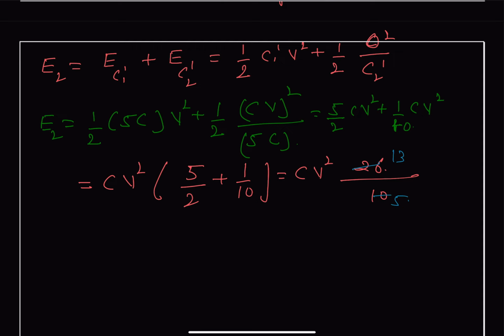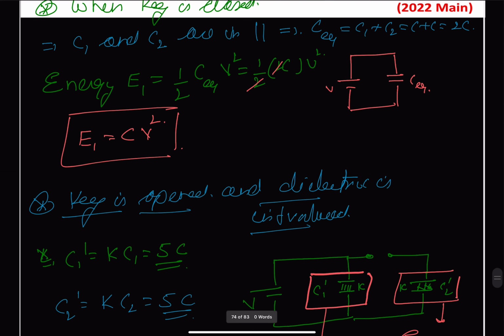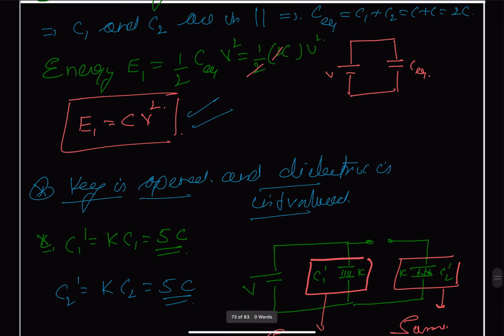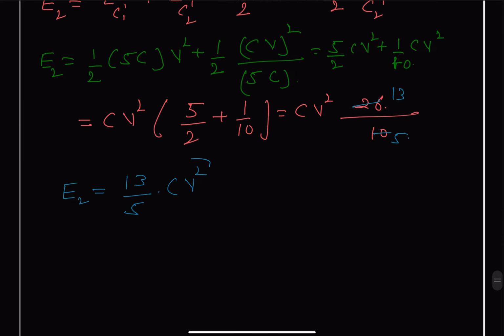So we get our E2 will be equal to 13 by 5 times CV square, and our CV square is nothing but our E1. So this comes as 13 by 5 times E1.